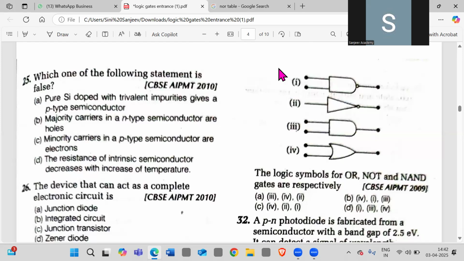Which one? The rightmost side. I'm talking about this question, okay?